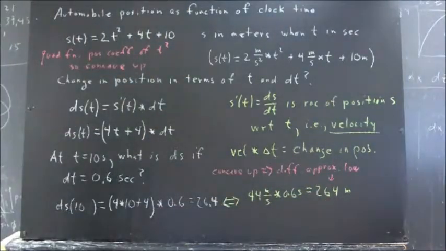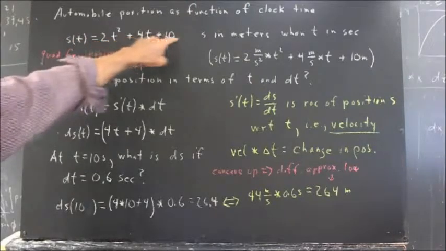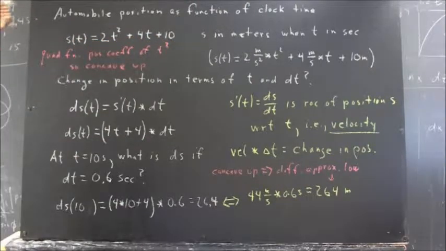We've seen that before. We're not going to go that deep into it, but you should know that we can do that. Okay? So I'm going to do the calculation off screen. It's easy to calculate this for t equals 10. That's going to be 200, that's going to be 40, and that's going to be 10, so that's 250.